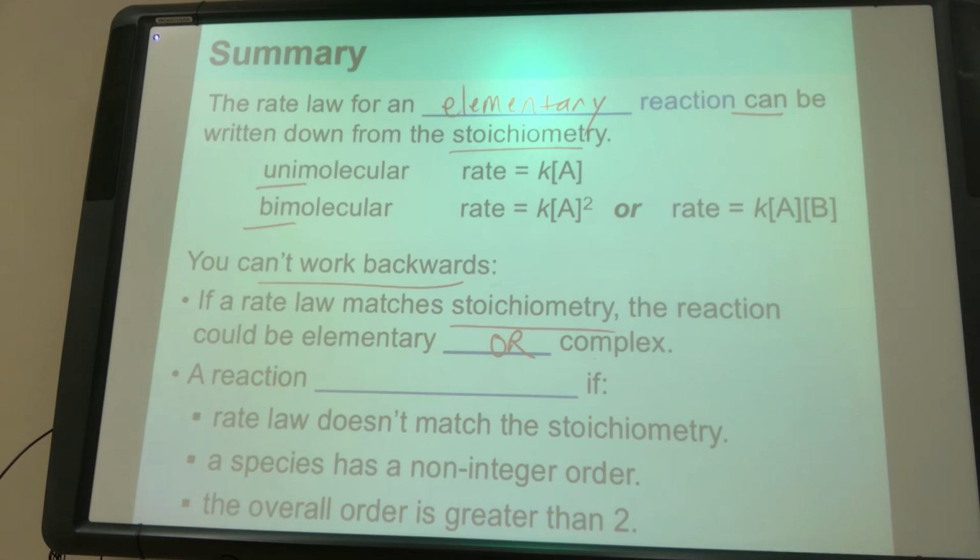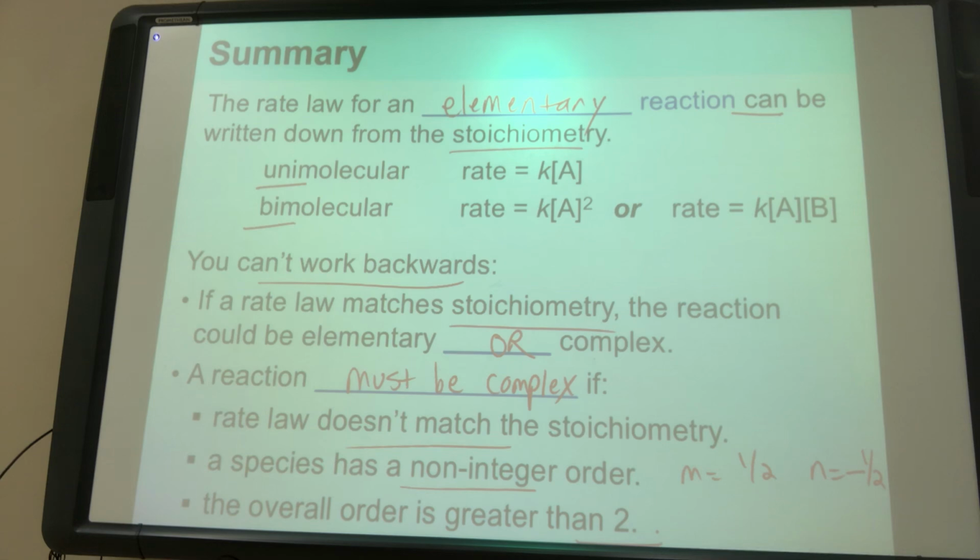Remember, a reaction must be complex if it doesn't match the stoichiometry, if we have a non-integer. So if my m is 1/2, or if my n is like a negative 1/2, then I know it's going to be complex. Or if the overall order is greater than 2.